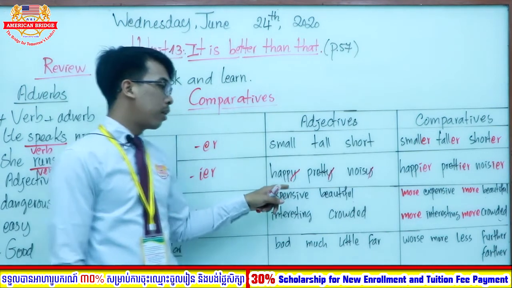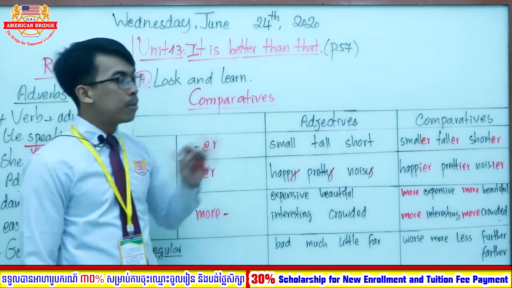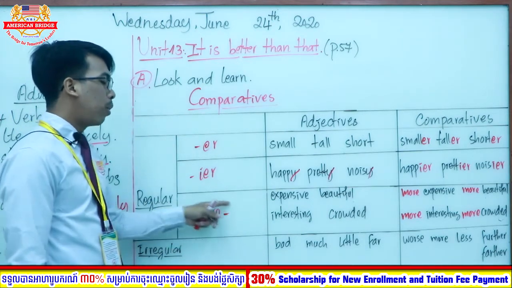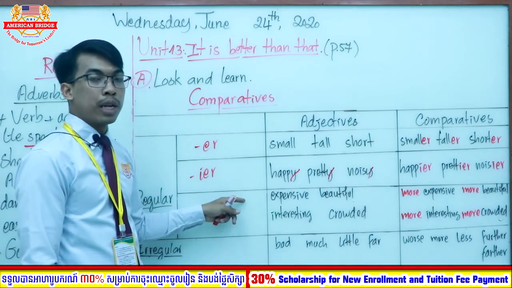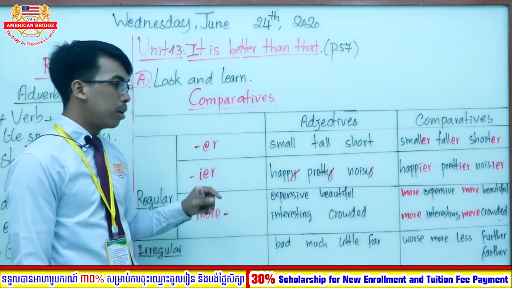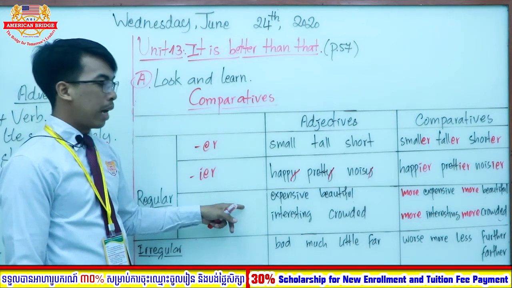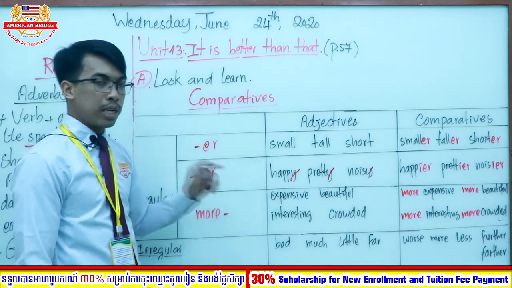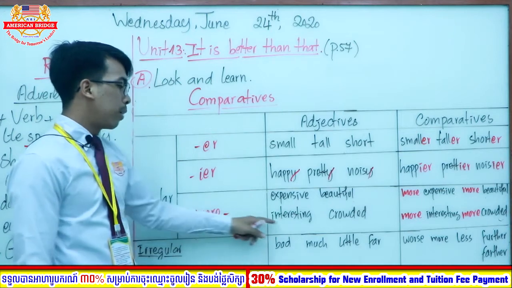So we have to change y to i, and then we add er, and it becomes comparative. And the last one, more. So more, the adjective that has more than 2 syllables, or 2 syllables, we add more at the beginning of the adjective, like more expensive, more beautiful, more interesting.